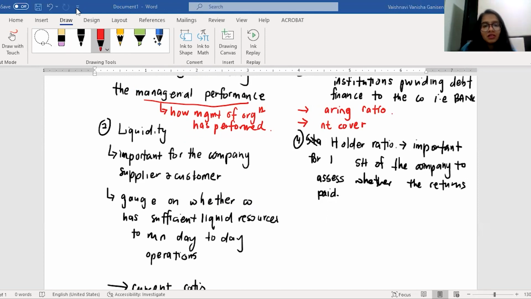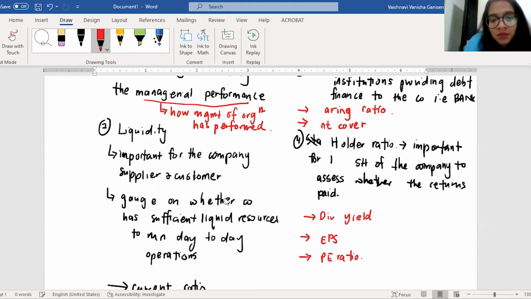Number one, you know it, dividend yield. Number two, earnings per share. And number three, PE ratio. I think this has not been mentioned yet, but I believe that you guys know what the PE ratio means. All right, so now let's dive into the detail of these ratios.